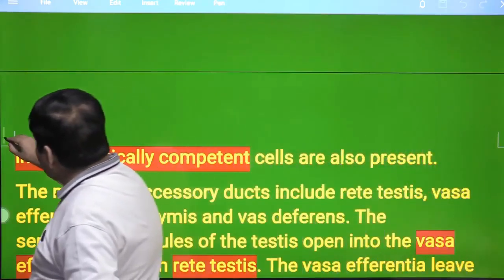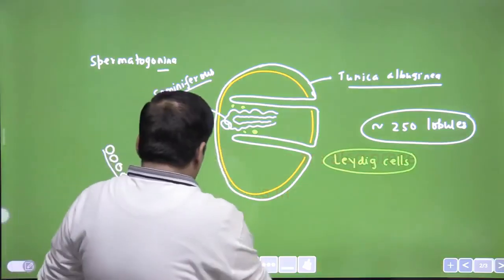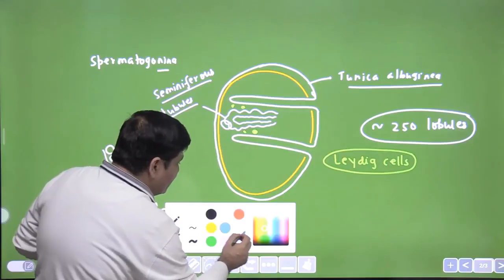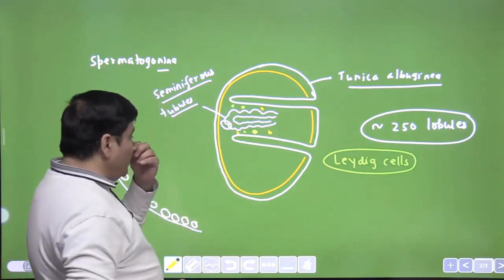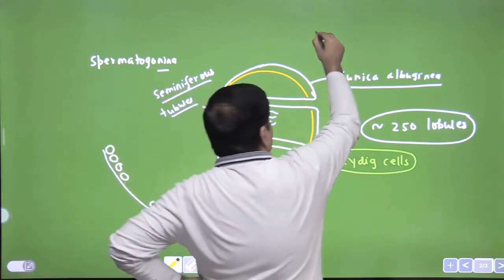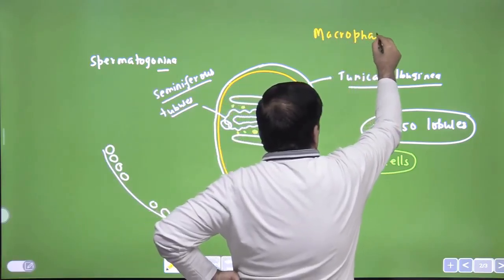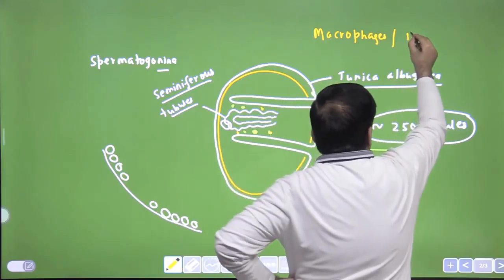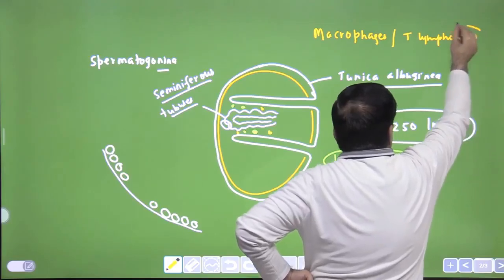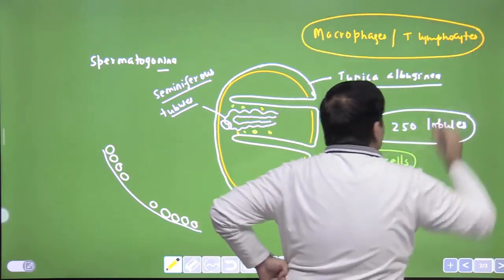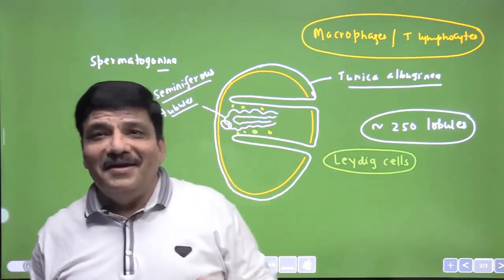So just to tell you something very interesting, in the testes, apart from these, there are some immunologically competent cells present along with all these cells. These would be, number 1, macrophages, and number 2, T lymphocytes.